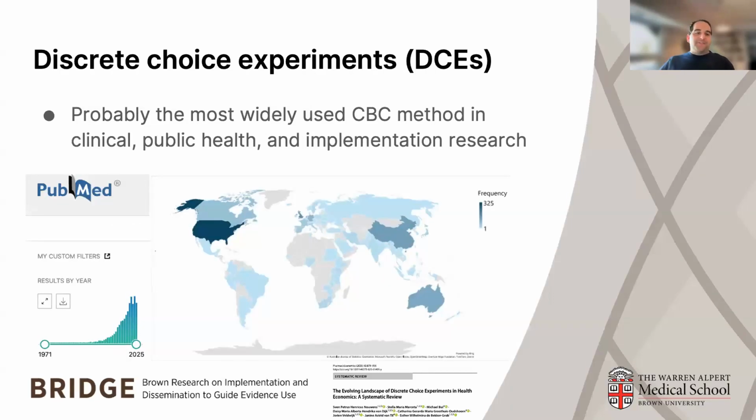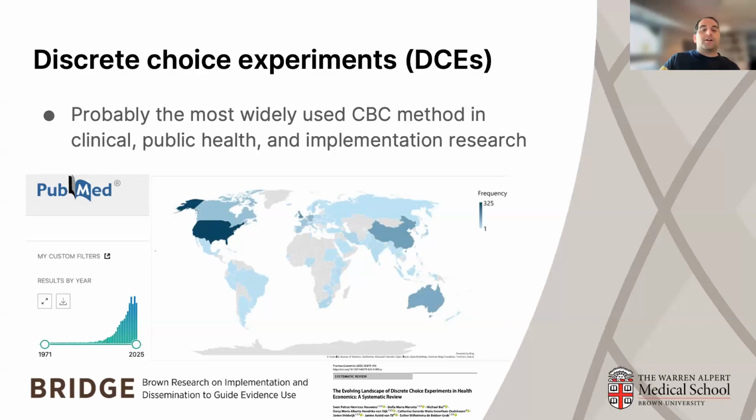To emphasize this point, in PubMed a couple of days ago, I quickly searched the words discrete choice experiments, and you can see in the bottom left that there really has been what I would describe as exponential growth in publications over the last 2 decades that are using CBC methods like discrete choice experiments, or DCEs, in this space.